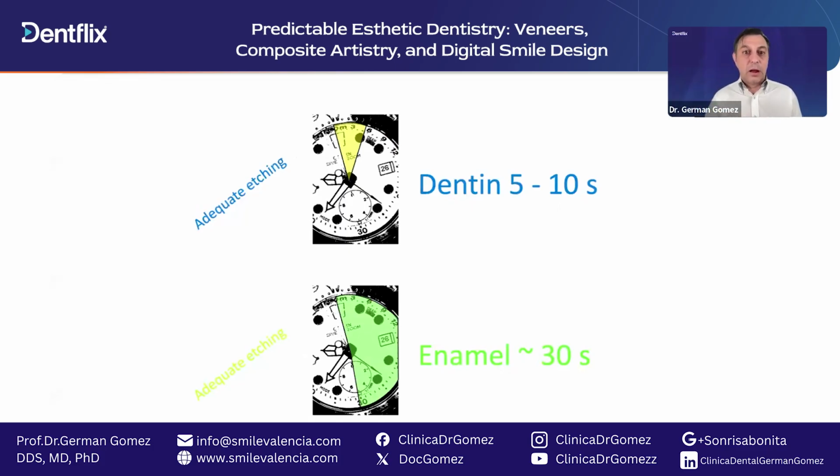There is virgin dentin, 5 seconds, and sclerotic and tertiary dentin, 10 seconds. Then the adequate etching time on enamel to really get a good adhesion is 30 seconds, with orthophosphoric acid, 32 to 37%.